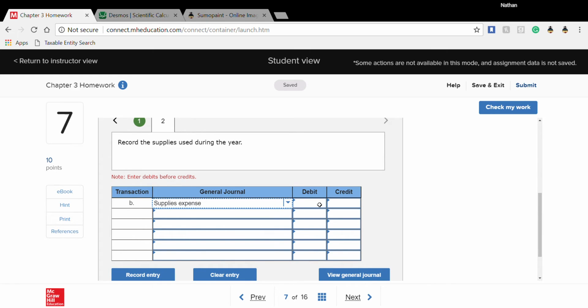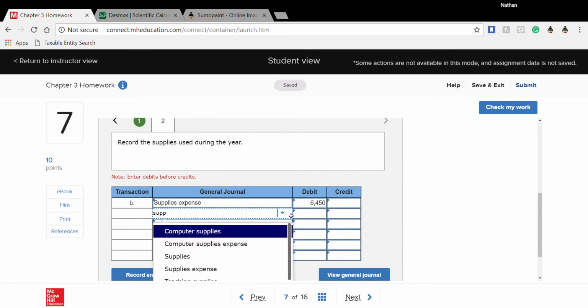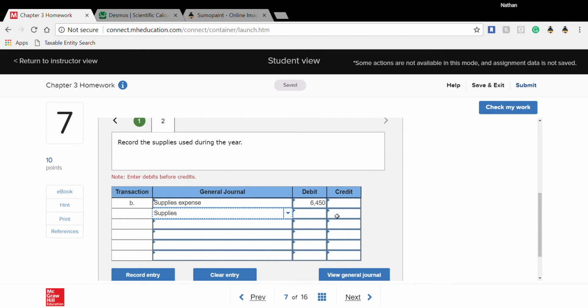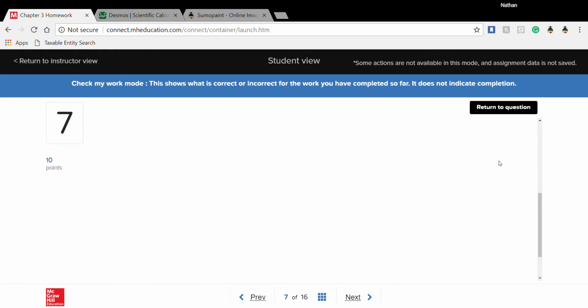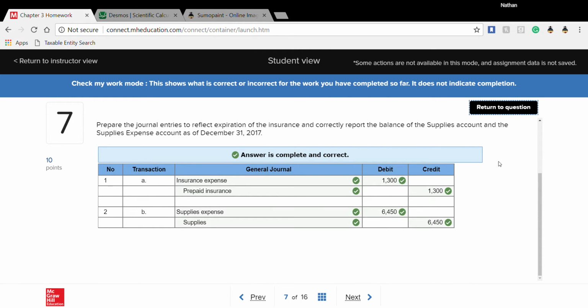So supplies expense for the 6,450. And then credit supplies of the 6,450. Now, you can hit check my work. Boom. Everything's correct. We're good to go. And we're going to move on.